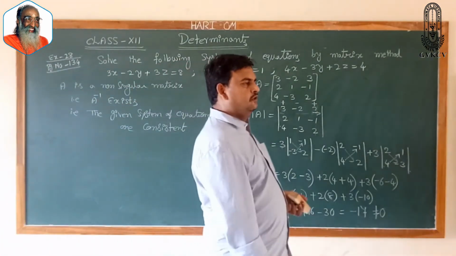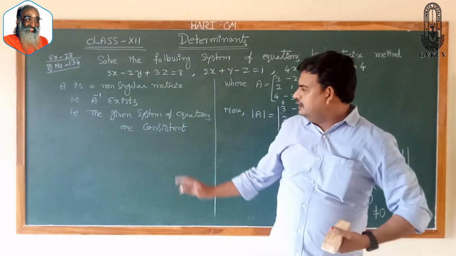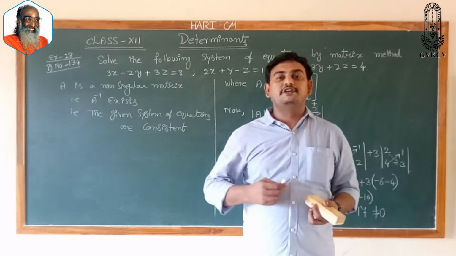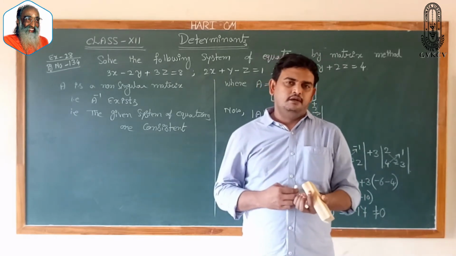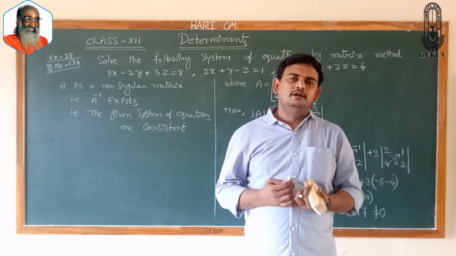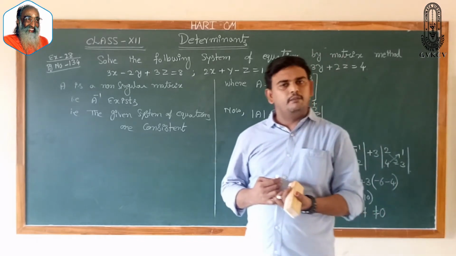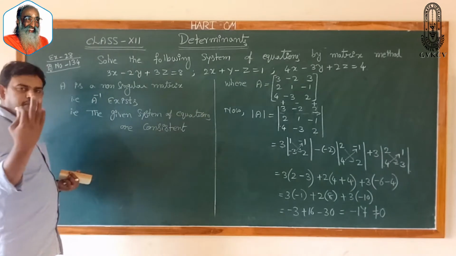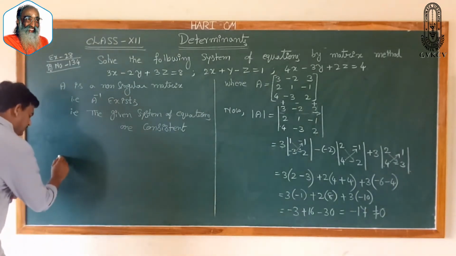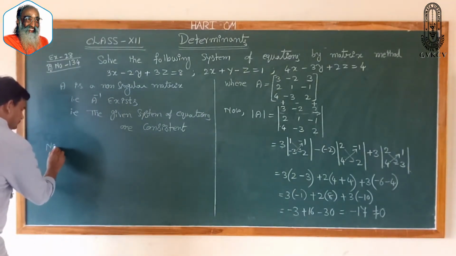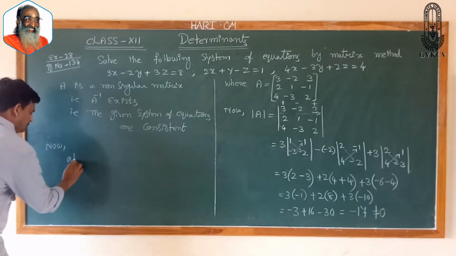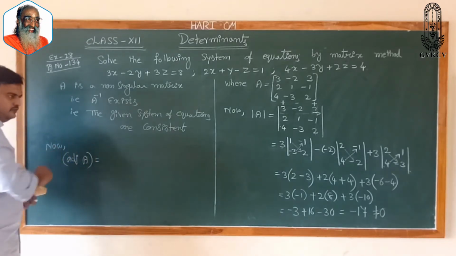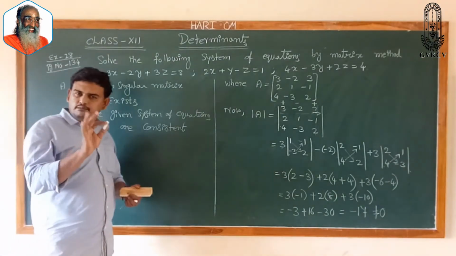Now, when we need to find the A inverse, what is required for us? Adjoint of A. Now, we need to find the adjoint of A matrix. How to find the adjoint of A matrix? Let me explain. For this, I will tell you a simple technique.